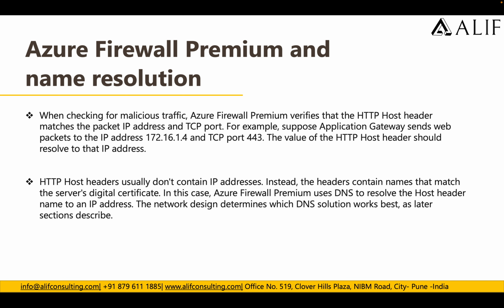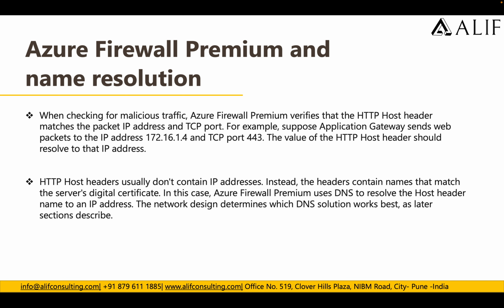The value of the HTTP header should resolve to that IP address. The HTTP host header usually doesn't contain the IP address; instead, it contains a name that matches the server's digital certificate. In that case, Azure Firewall Premium uses DNS to resolve the host header name to an IP address. The design determines which DNS resolution works best, as described later in the section.